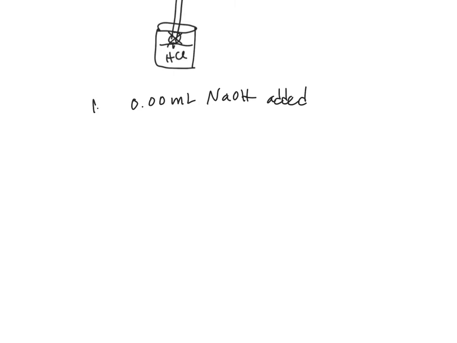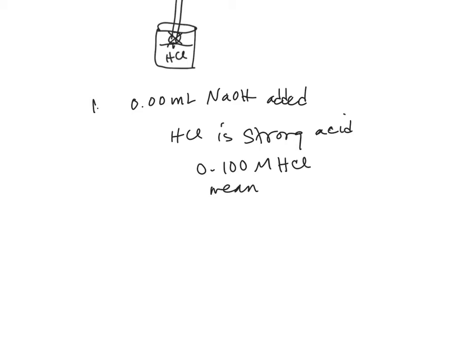So it's very simple. Since HCl is a strong acid, 0.1 molar HCl means 0.1 molar H+, because there's 100% dissociation.